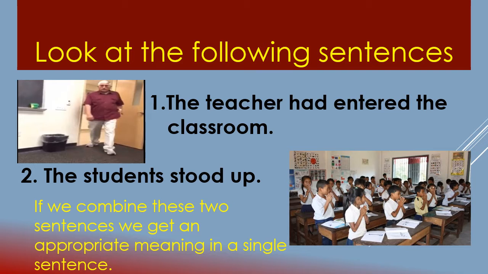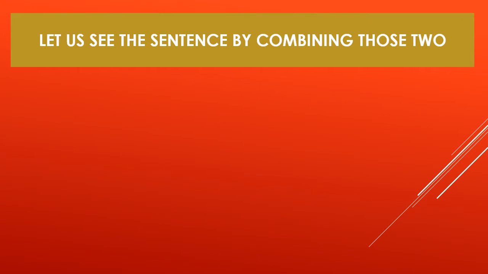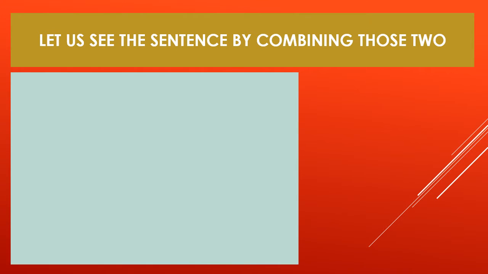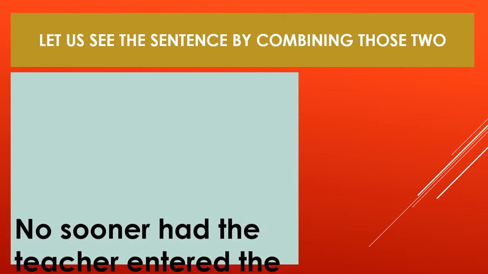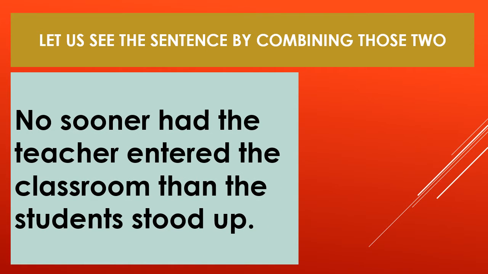Let us know, children. Let us see the single sentence made by combining those two independent sentences that we have discussed in the previous class. See how we have combined that sentence.